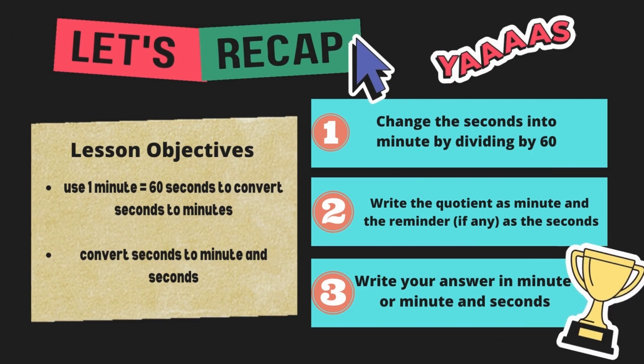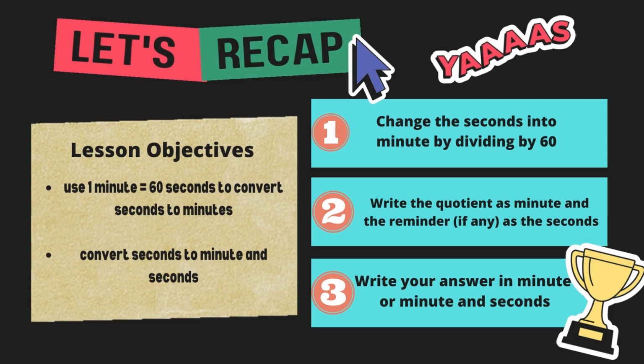All right, now let's recap as usual. So what have we learned today? We do converting seconds to minutes by using the fact that 1 minute is equal to 60 seconds, as well as converting seconds to minutes and seconds, especially when there's a remainder, so your answer needs to be in minutes and seconds.